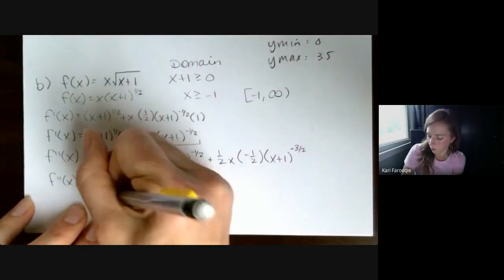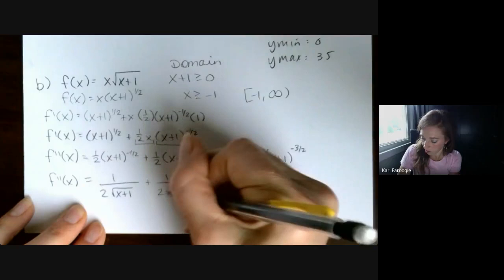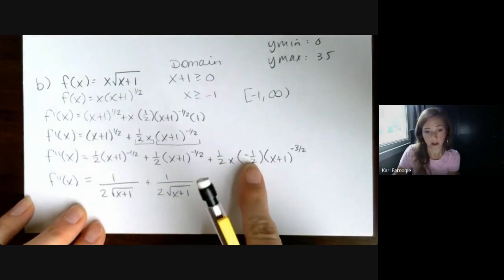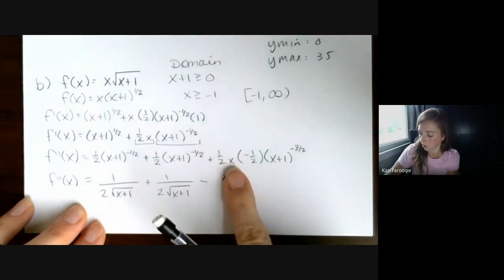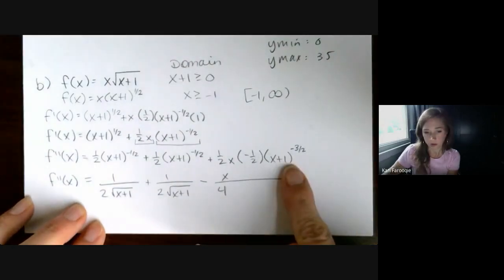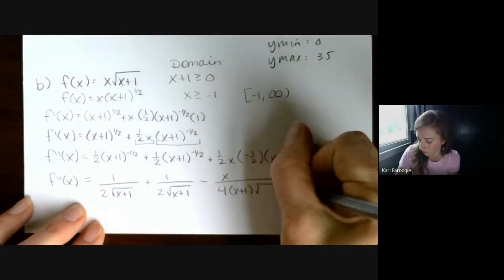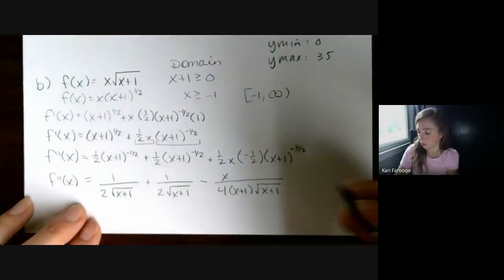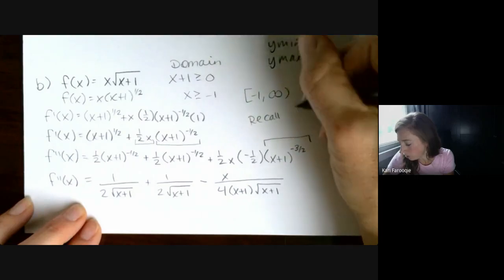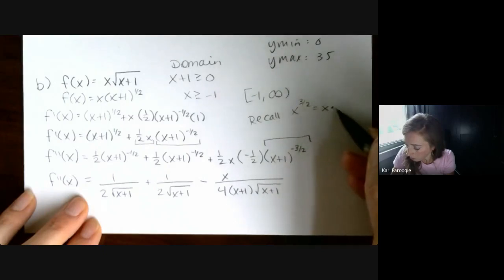So I'm going to rewrite this as 1 over twice the square root of x plus 1, plus 1 over twice the square root of x plus 1. And then minus, because I have a negative here, I'm going to have an x in the numerator. The 2 times 2 in the denominator gives me 4. And then I'm going to use that trick where if I have the 3/2 power, I'm going to write it once and a half. And I'm going to remind you, recall that x to the 3/2 equals x times the square root of x.